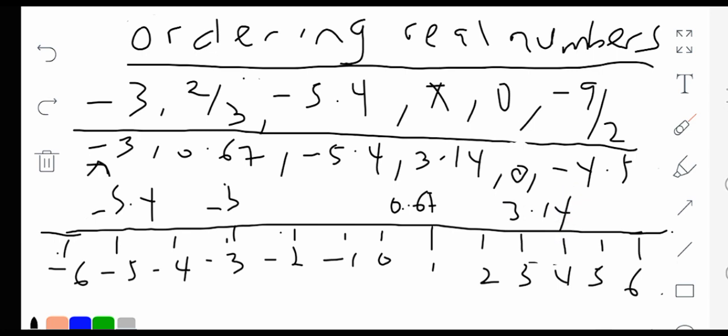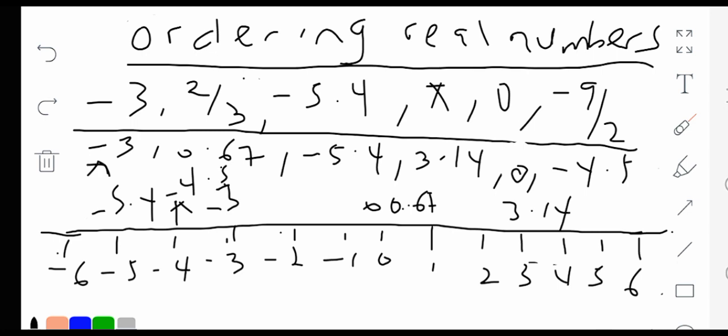Then 0 will be here. Then minus 4.5 will be around here, the middle of this place. Now we have arranged everything.